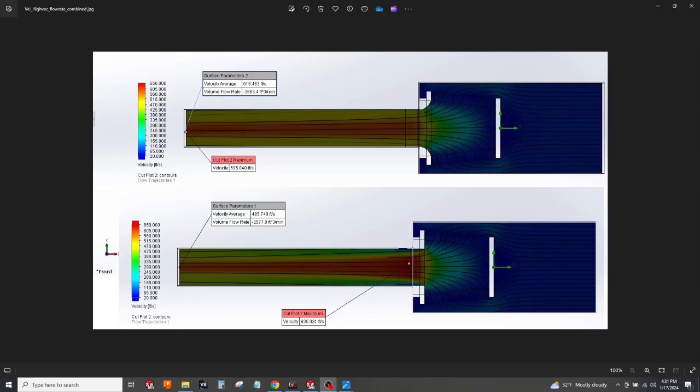So what do we notice? There's a few things to take away from this. If we look at the throat where the velocity stack is bringing the air in, we notice a lot smoother of a transition. If we look at the velocities near the sidewalls going towards the center, we see a velocity that is up in that 470 feet per second range, versus the one without the velocity stack or the fillet, where we're almost stagnant.